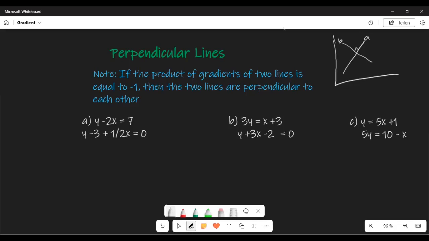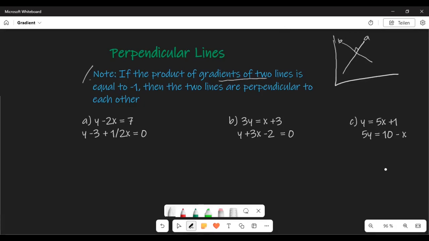Now, if we want to focus on the idea of perpendicular lines, to determine whether the two lines that we have, the equations, are perpendicular without drawing, we have to find the product of the gradients of those two lines.